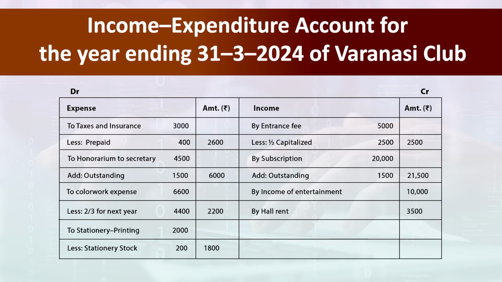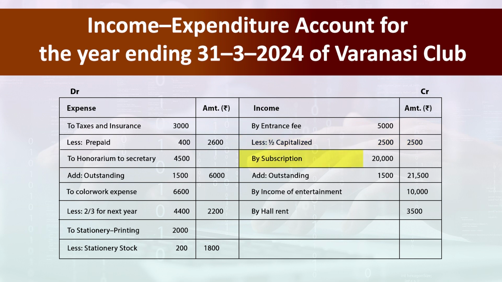Let us see the entries on the income side. We have the very first entry of entrance fees of rupees 5000, out of which half has to be capitalized. So, we deduct the remaining half of rupees 2500. The amount charged to the income expenditure account is rupees 2500.